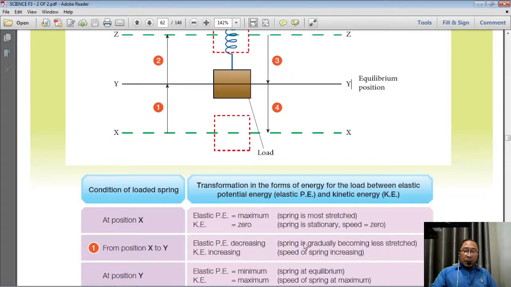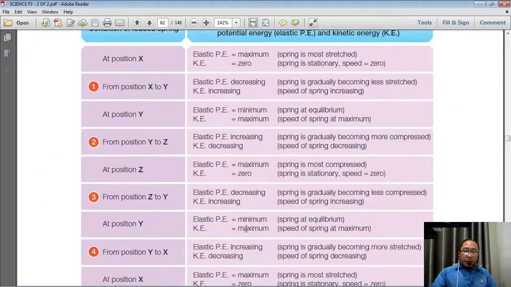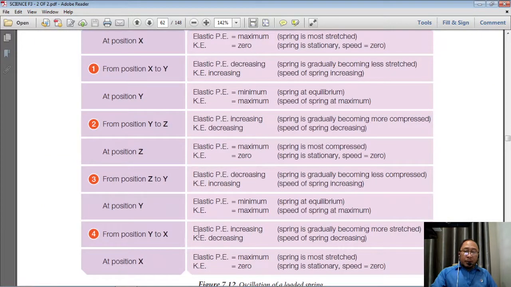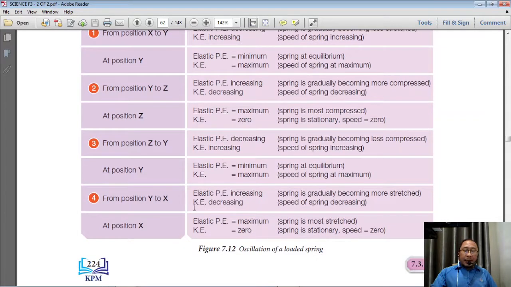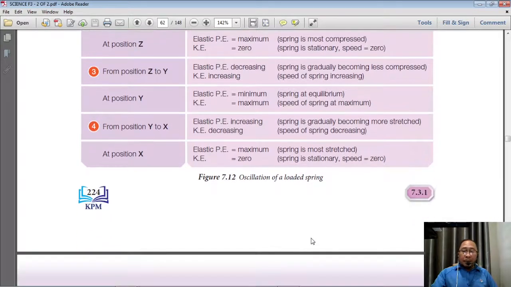From Y to X, elastic potential energy increases and kinetic energy decreases. At position X, elastic potential energy becomes maximum and kinetic energy becomes 0.